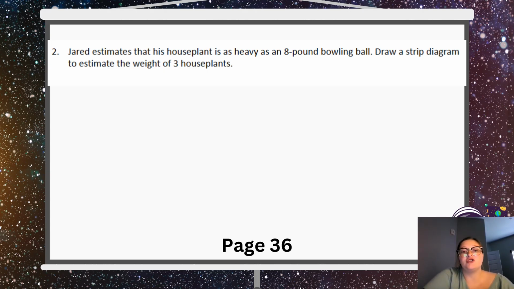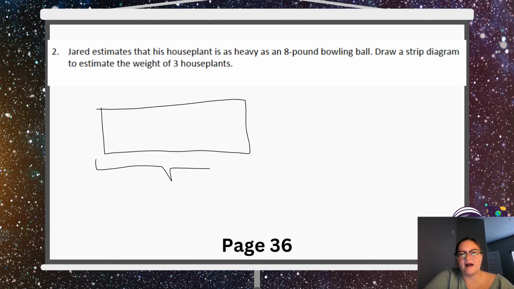So I'm going to draw a strip diagram. And I know that I am looking for my total in pounds. So I'm going to put, sorry, not a P. I'm going to put LB for pounds.